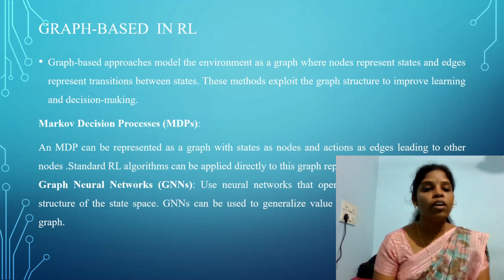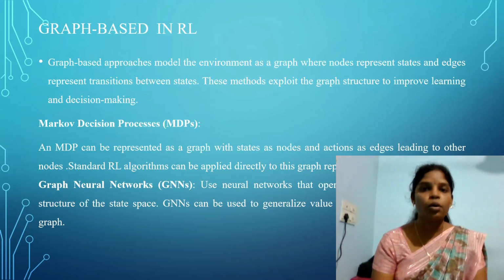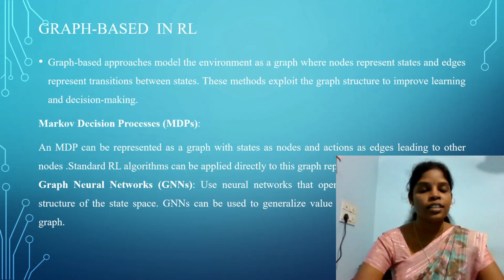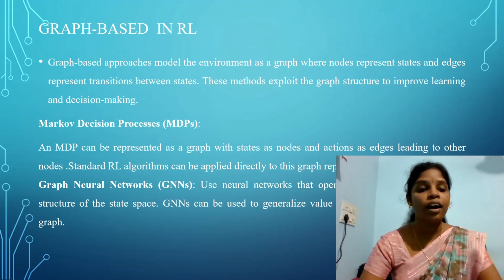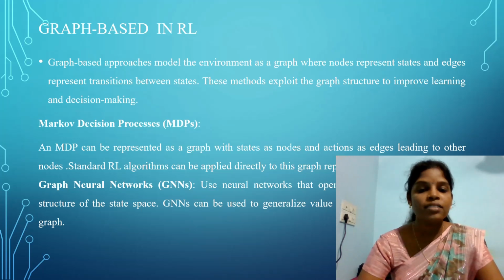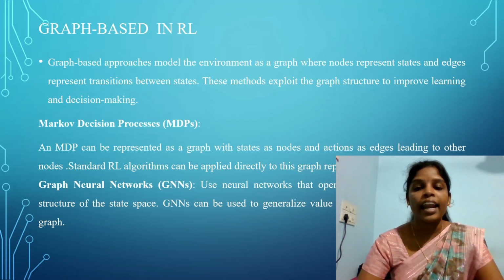We have two algorithms implemented in this graph-based approach. The first is the Markov decision process. We already saw the Markov decision process in Units 2 and 3, and we will see it briefly in its definition. An MDP represents the graph: states as nodes, and actions as edges leading to other nodes.